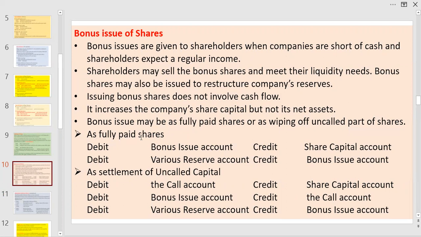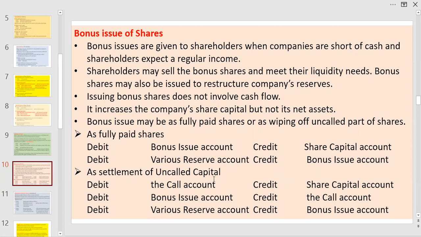Bonus issues can be done in two different ways. Either it is paid as fully paid shares or they can write off the uncalled share capital. As fully paid shares, debit bonus issue account, credit share capital account, debit various reserve accounts, credit bonus issue account, to the extent of the amount needed for the issue.